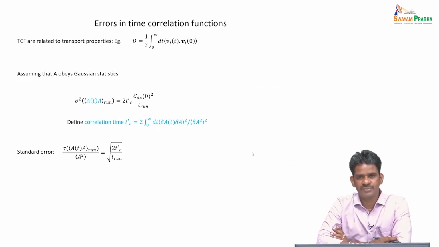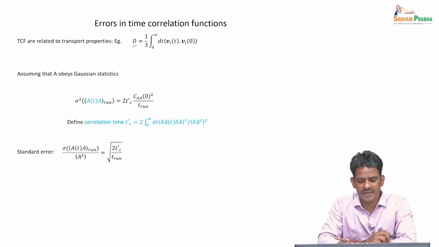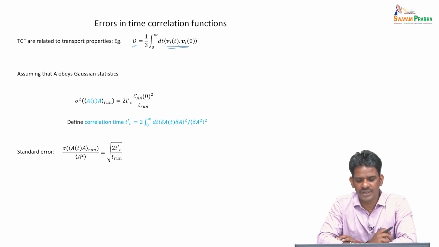Then there are also certain properties which depend on the time correlation function. For example, if you remember, the diffusivity of a particle is given by the integral of the velocity autocorrelation function. So the question now is, what is the error involved in the calculation of the time correlation function itself.